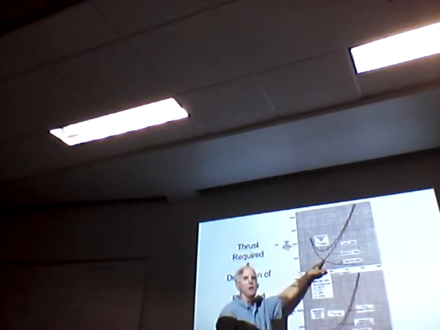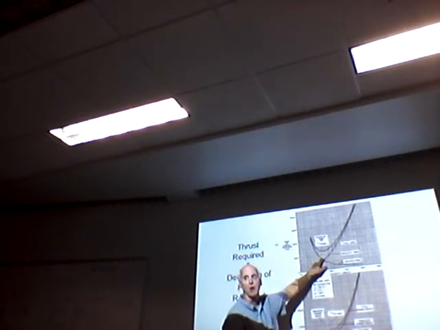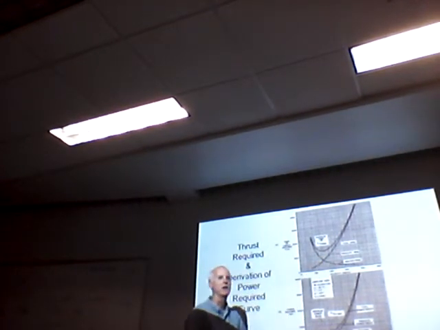But notice in both curves, L over D max is associated with where the induced and parasite drag curves cross. Bing, bing. L over D max is actually up the curve a little bit here. So that's the key. It's where those two things cross. And that is equal between the two aircraft. So that is an important thing to recognize.